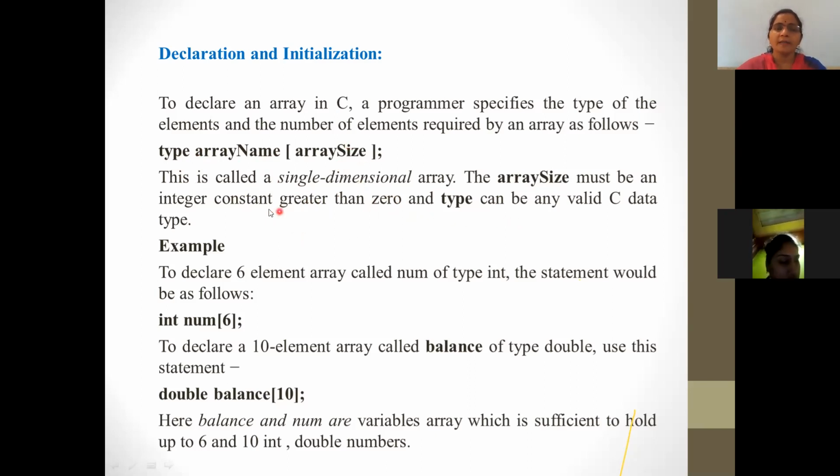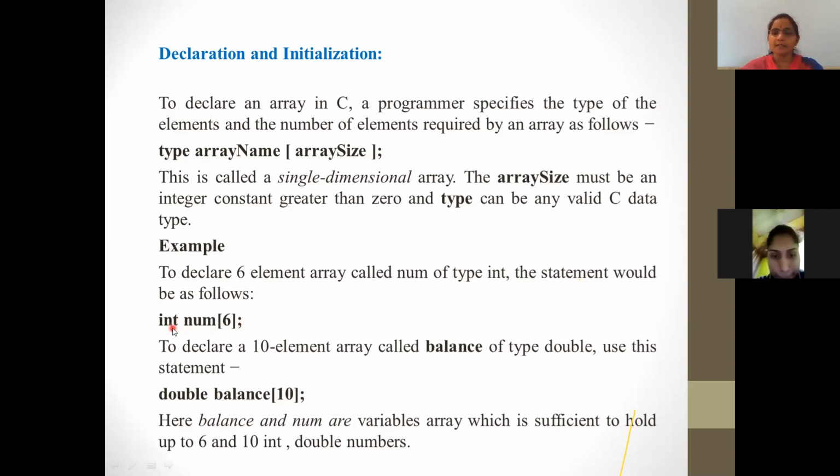So remember that the array size must be greater than 0 and type should be any valid C data type. For example, suppose I want to declare an array which consists of 6 elements of the type integer. Then how to declare that array? Using int num[6].